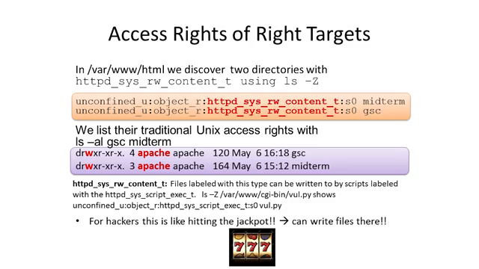Once we found those two discoveries, we then use the traditional UNIX command ls -al to see whether Apache can write to the GSC directory and the midterm directory. It turned out, as shown here, Apache is the owner of those directories, and the third character of the access rights indicates w.